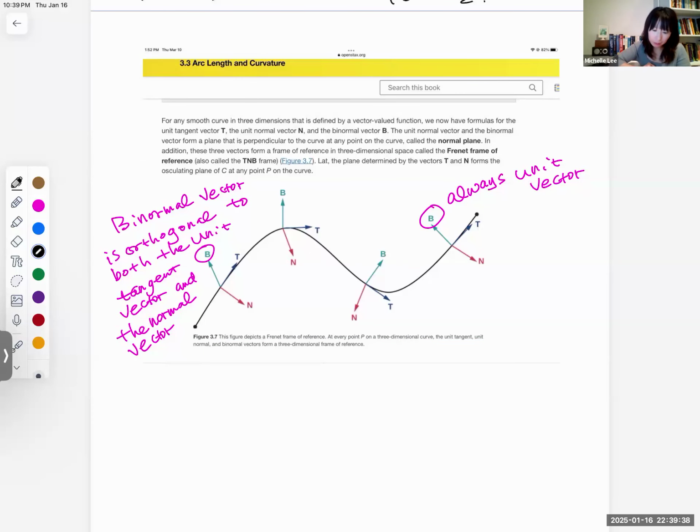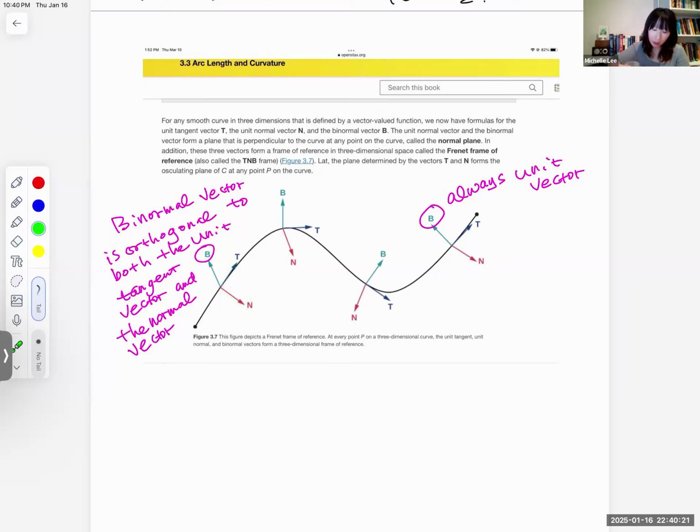Okay, so we have new terminology. One is the normal vector. No, we learned that normal vector, right? And then the binormal vector here. So we knew the normal vector is orthogonal to the other vector, right? So we have the unit tangent vector here. So the normal vector is orthogonal to the unit tangent vector, and also the unit tangent vector is orthogonal to the normal vector, right?